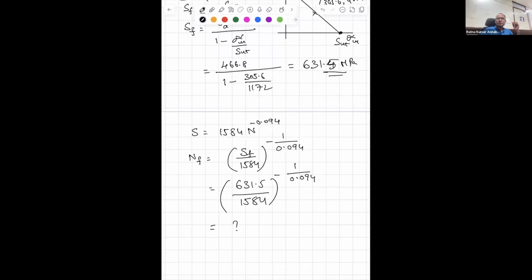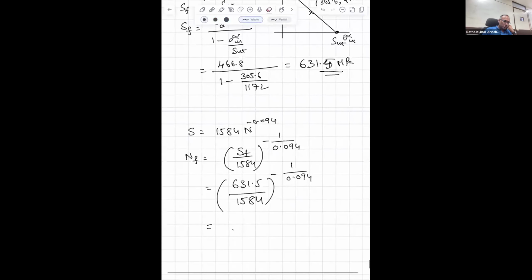Can you check? 17731. So 17731 cycles, about 17,700 cycles. Right? That is the cycle life that the component gives.